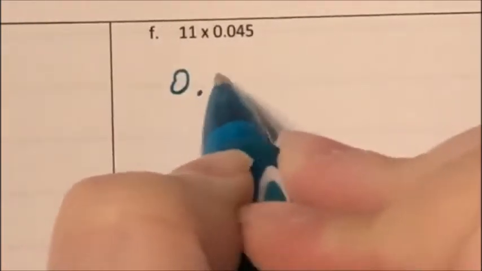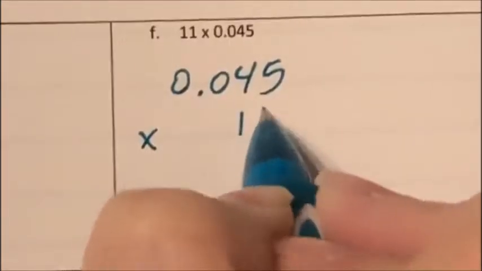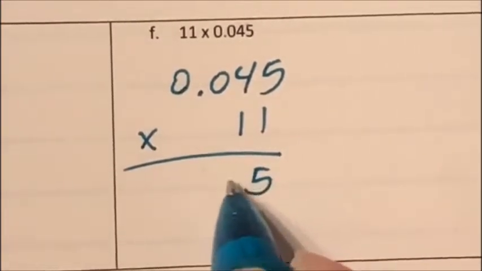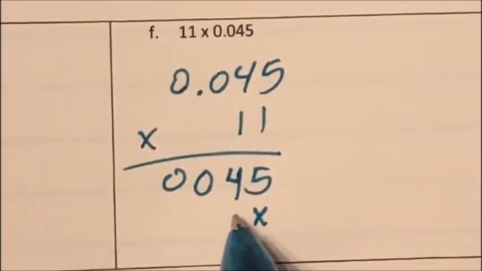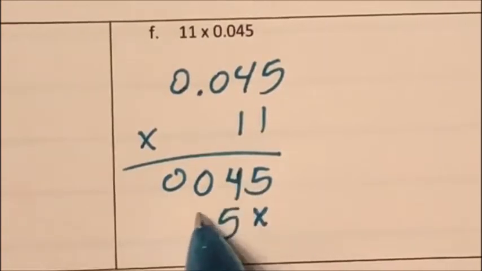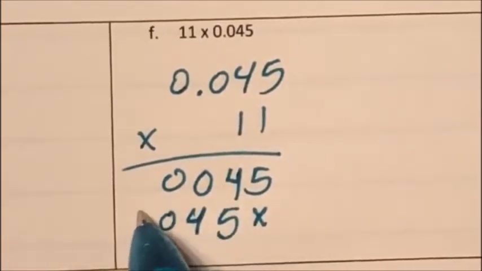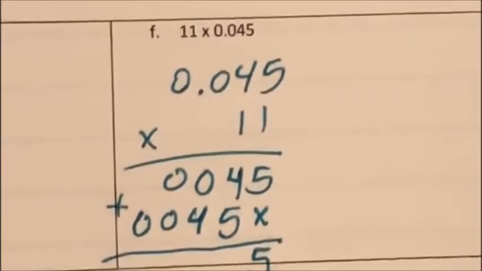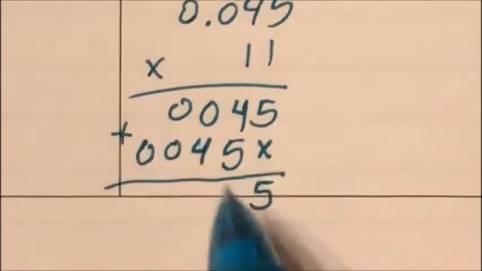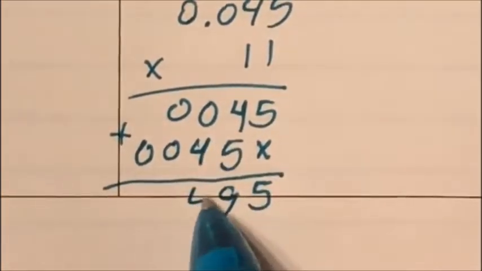Okay. Letter F is 11 times 0.045. So 0.045 times 11, I get 5. 1 times 4 is 4. 0. Then 5 times 1 is 5. 1 times 4 is 4. 1 times 0 is 0. 1 times 0 is 0. Add these together. 4 plus 5 gives me 9. 4 plus 0 is 4.